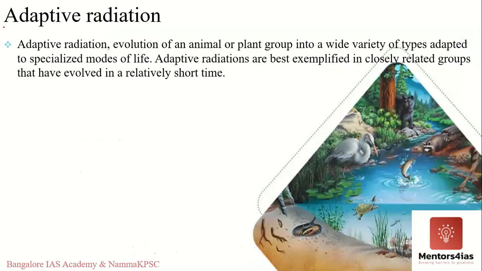Okay. Next, we move on to adaptive radiation. Now, when it comes to evolutionary biology, adaptive radiation is a process in which organisms diversify rapidly from an ancestral species into a multitude of new forms.